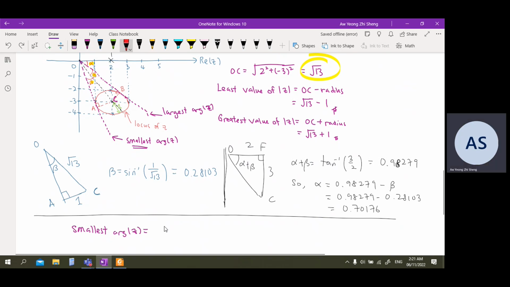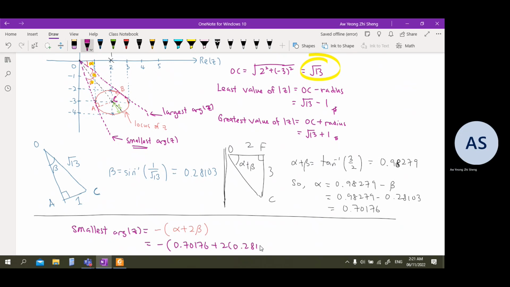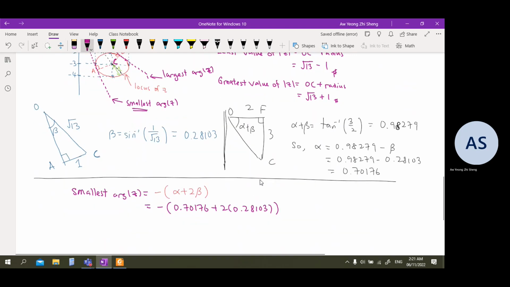So it is negative of alpha plus 2 beta. Just substitute in, and you have negative 1.26 to 3 significant figures.